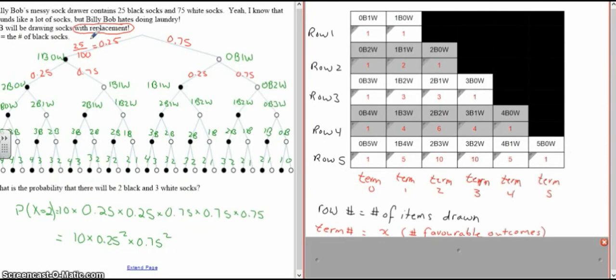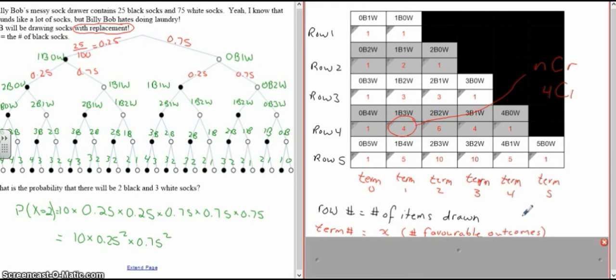So what I want you to remember is that any term, so for instance this term here, can be found using nCr. So n is the row number, which is 4, and r is the term number, which is 1. So if you tried 4C1 in your calculator, you're going to get 4.